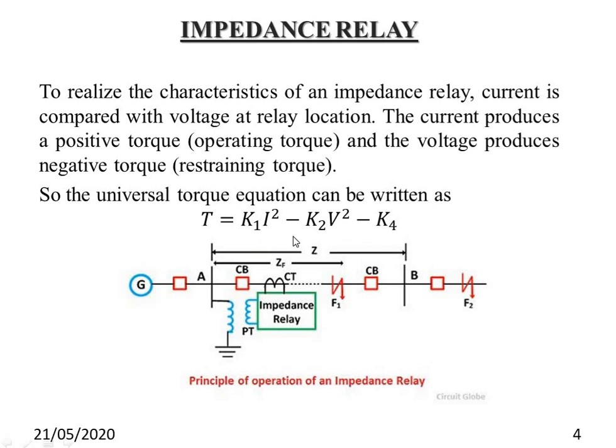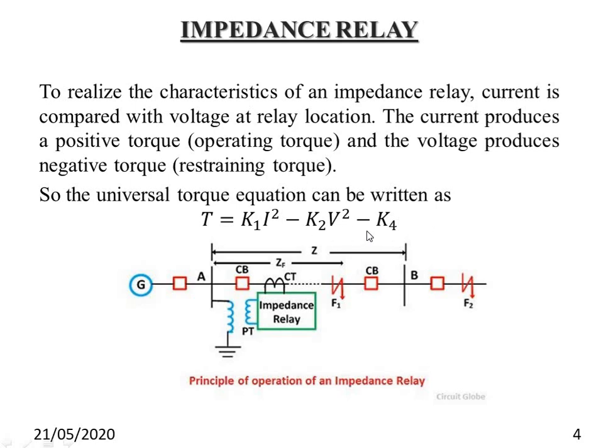You have seen that in the universal torque equation I wrote K1 I square plus K2 V square and K4, and here I have not written the K3 VI cos of theta minus tau term, because both coils are not present; here only two individual coils, the current coil and the pressure coil, are present. That is why this is the torque equation.